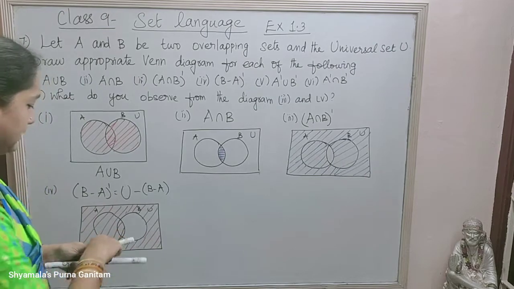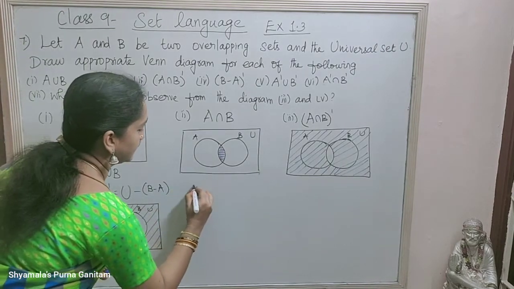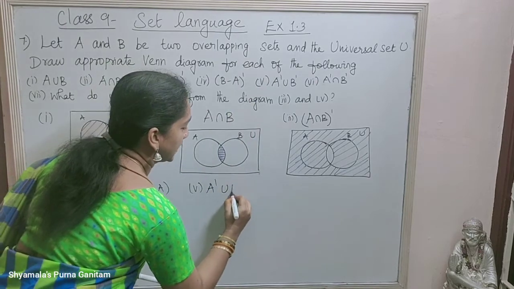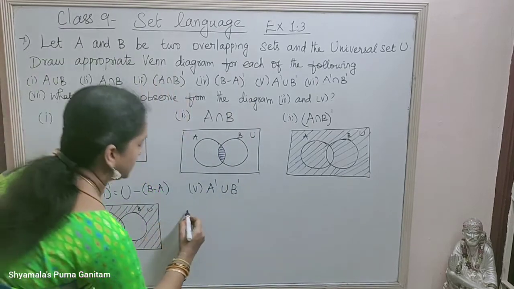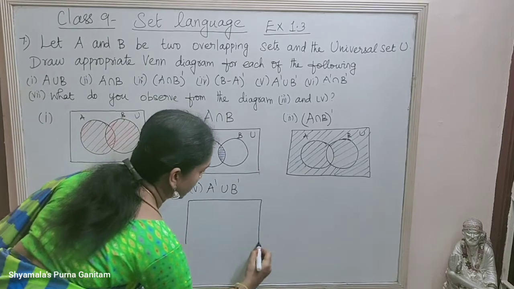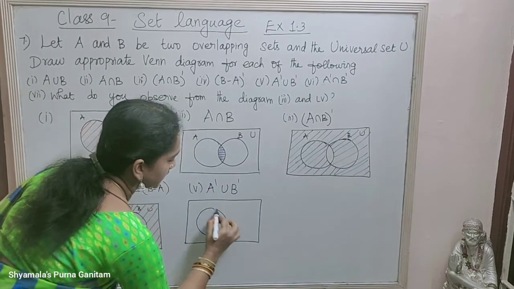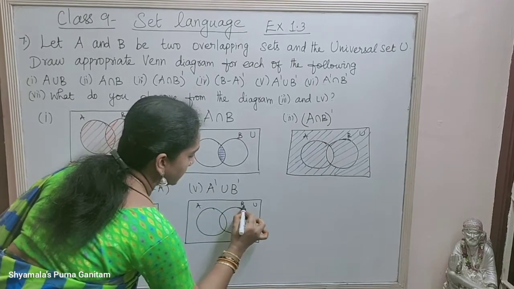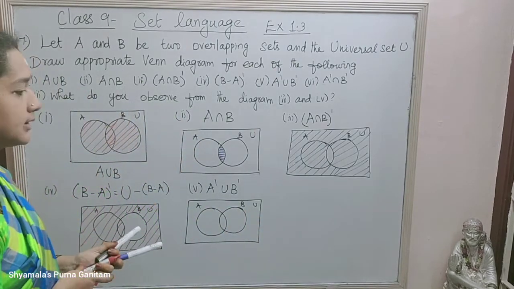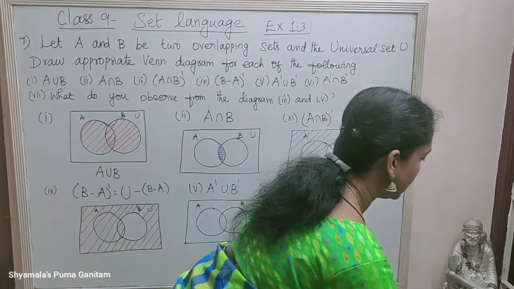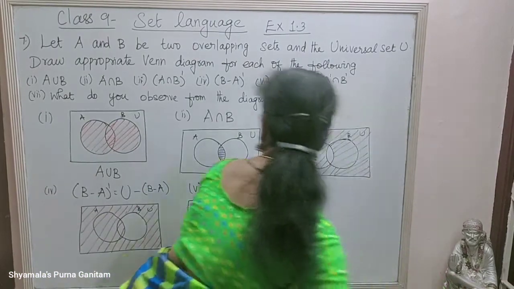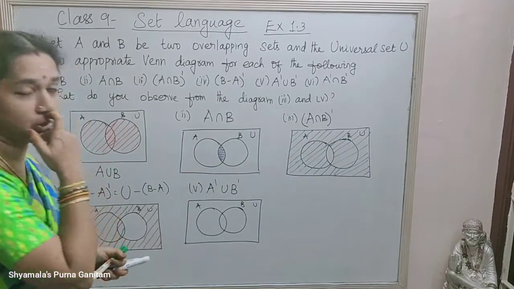Okay. Then fifth one. Fifth sum is A dash union B dash. So universal set A, B. So in this A union B the whole dash, A dash union B dash.